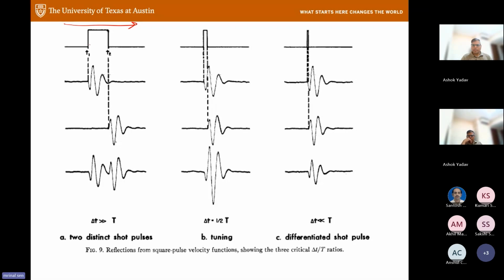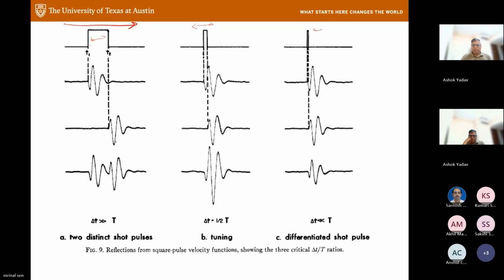These two interfaces, the discontinuities in velocity in time, would be T1 and T2. From left to right, there's a gradual decrease in the thickness of the layer. This is pretty thick, this is thinner than that, and this is very thin. And now you are propagating one pulse.